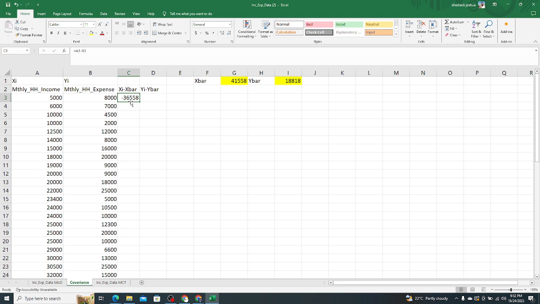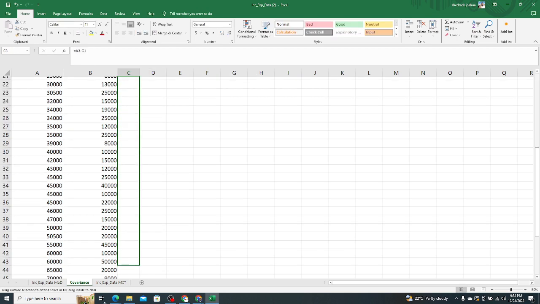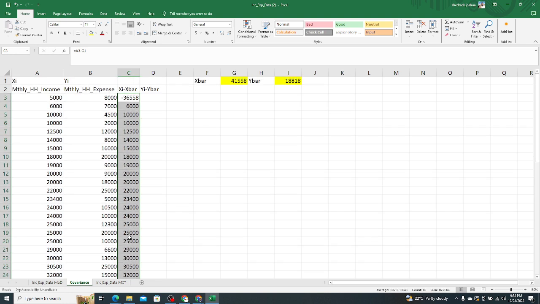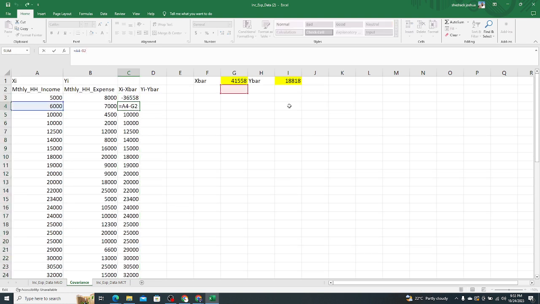Now let's continue. So here it will be the xi minus the x bar. Definitely we'll have to lock G1. If we don't lock G1, you can see what will happen when computing: it is referencing cells which don't have the average.